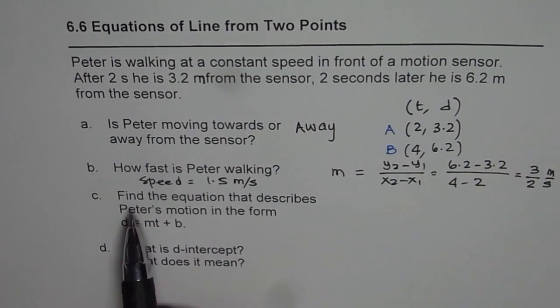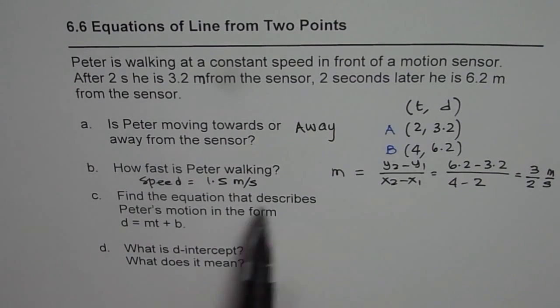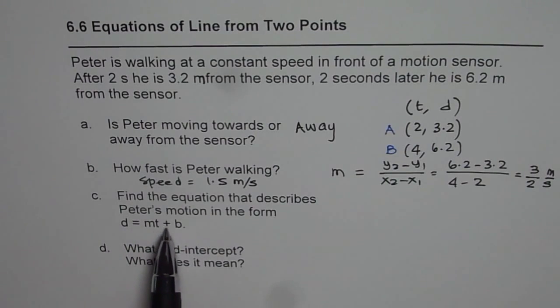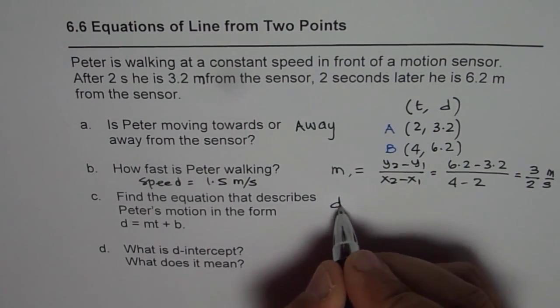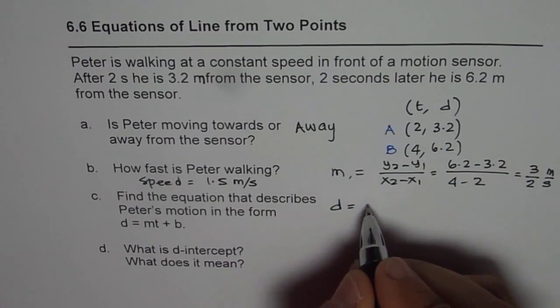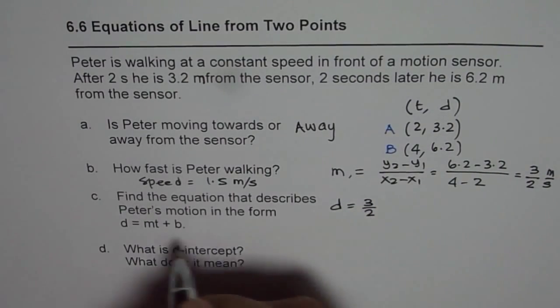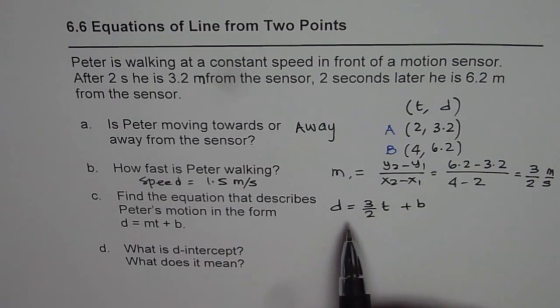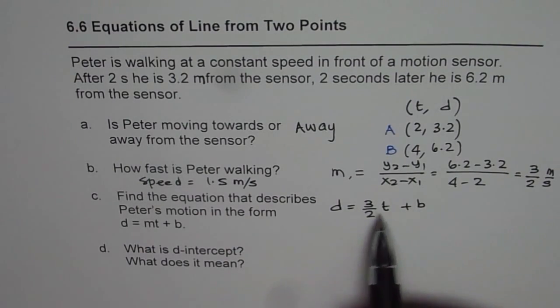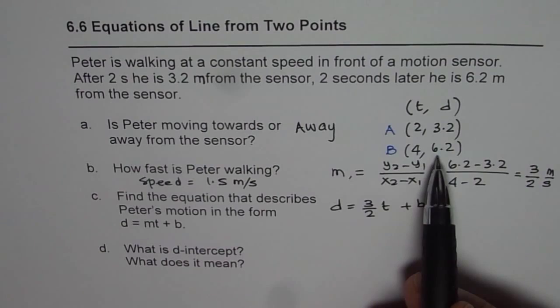Now the question is, find the equation that describes Peter's motion in the form of d equals mt plus b. Now in this equation, we already know m, which is the speed, right? So we can write this as d equals 3 over 2, I prefer to use fractions, t plus b. Now it is a question to find b, which you can find using any one of these 2 points.